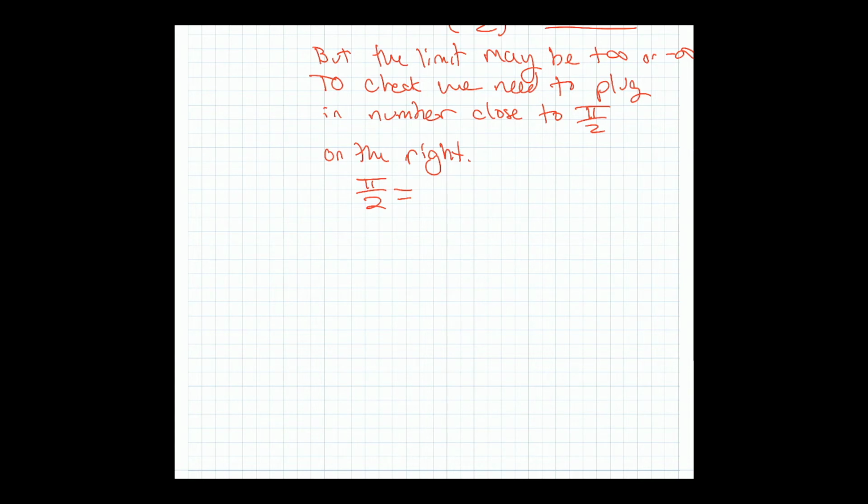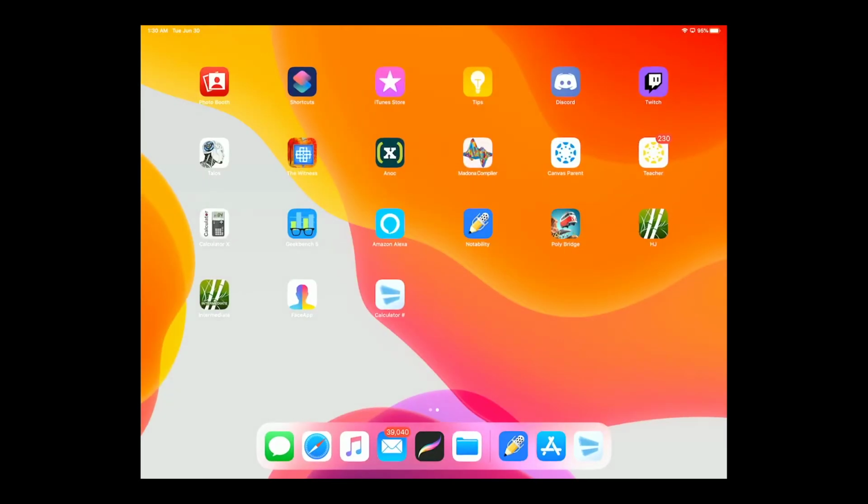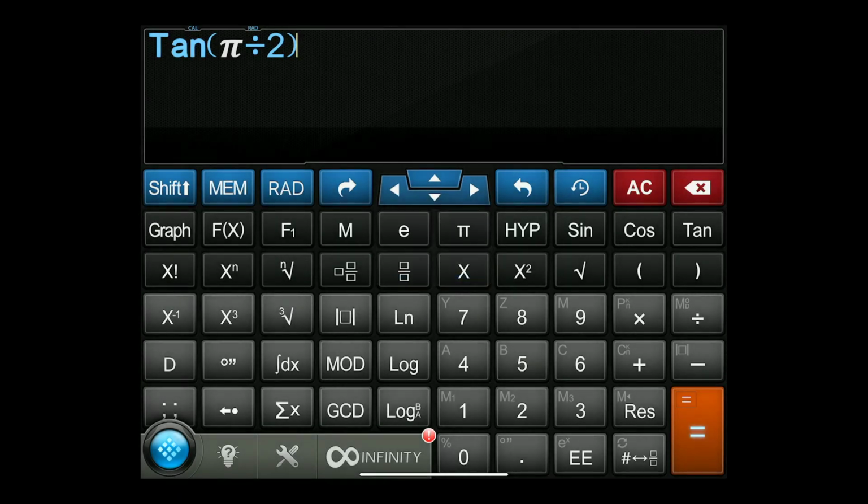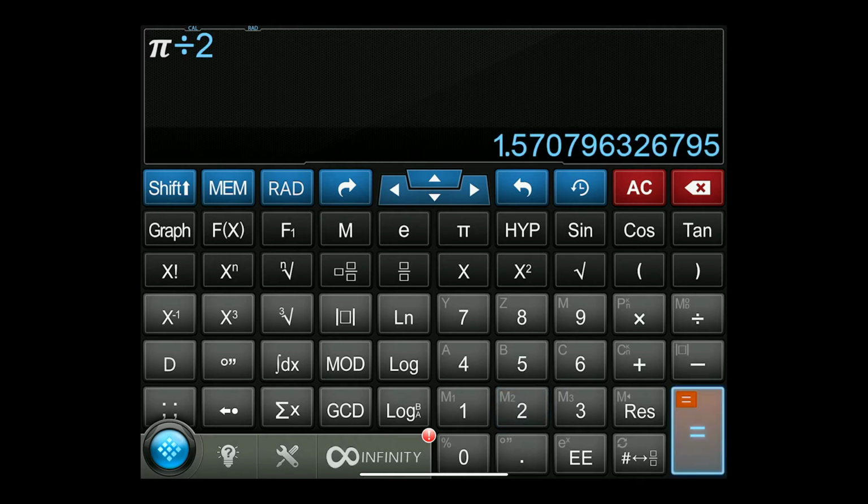Enter. 2, divide. It says pi over 2. How do I make you give me a number here? Oh, that's terrible. Well, I don't know how to do that, so we're going back to the other calculator. All right. Pi over 2, enter.